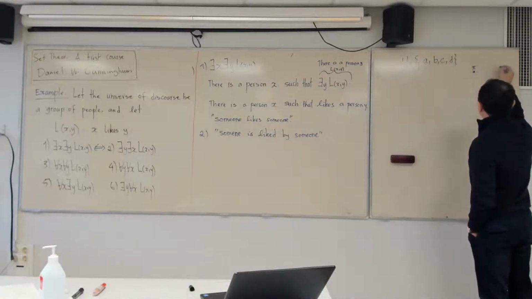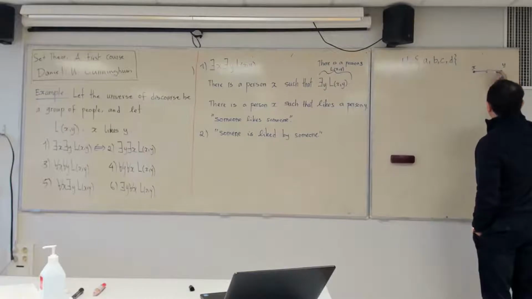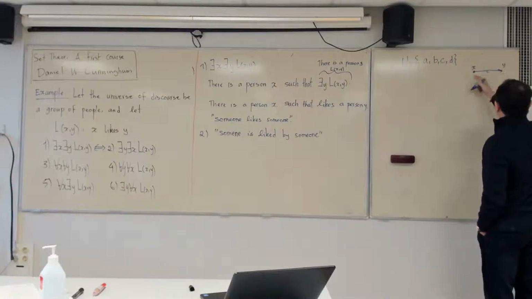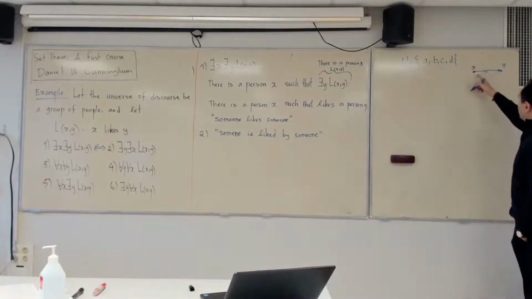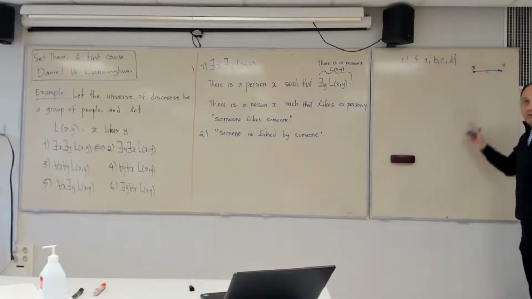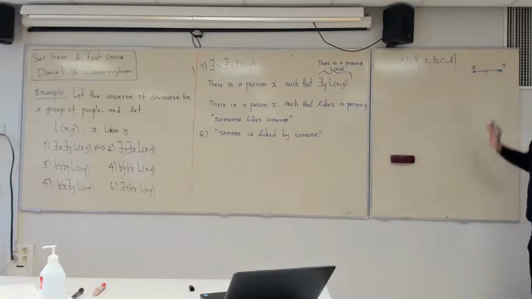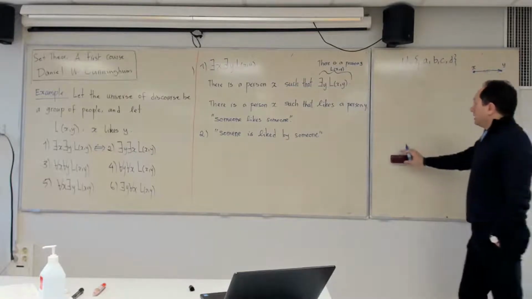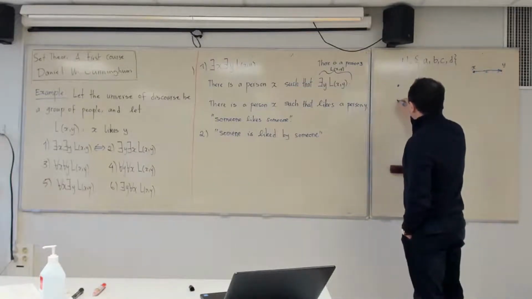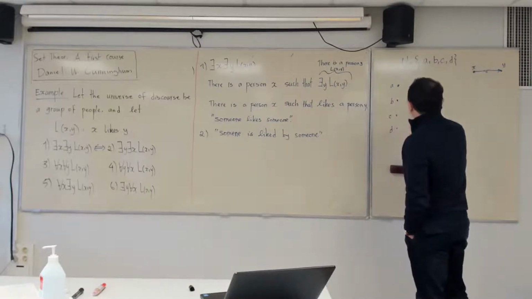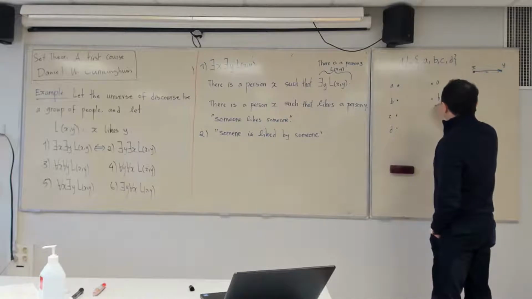I take this person X, person Y, and I draw an arrow from X to Y, a vector from X to Y, and I read this as X likes Y, or Y is liked by X. Assume that that's your diagram. Okay, so here, let me write A, B, C, D. And then let me write A, B, C, D here.